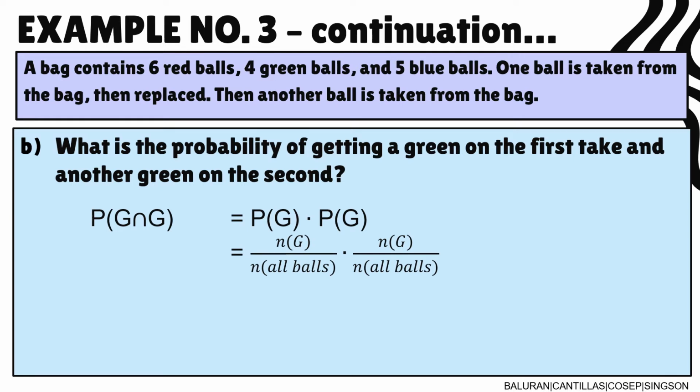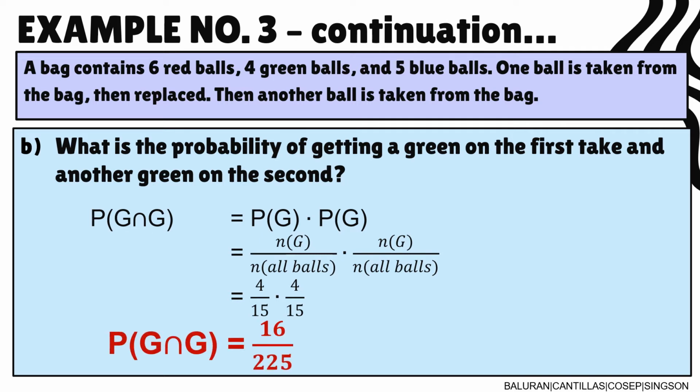So the cardinality of G over the cardinality of all balls times the cardinality of G again over the cardinality of all balls. The cardinality of G is equal to 4, and all balls is equal to 15. Then you multiply that with 4 over 15. Thus, the probability of the intersection between event G on the first take and event G on the second take is equal to 16 over 225.